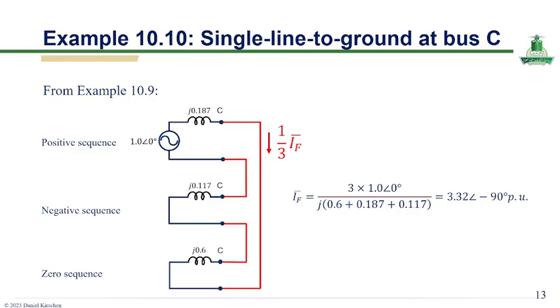The diagram also reinforces that each sequence current is equal to 1/3 of the total fault current flowing through their respective sequence networks.